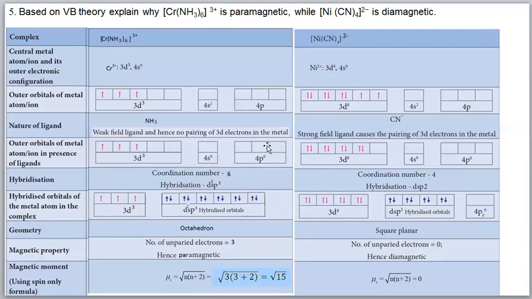All these 6 orbitals undergo hybridization. So what is the type of hybridization? Here d2 is there. So d2 s1 p3. There is d2sp3 hybridization. Okay.